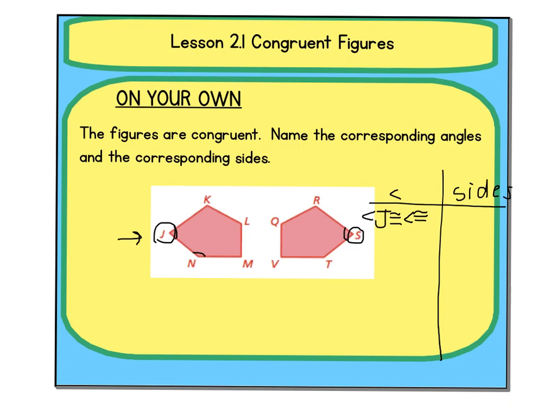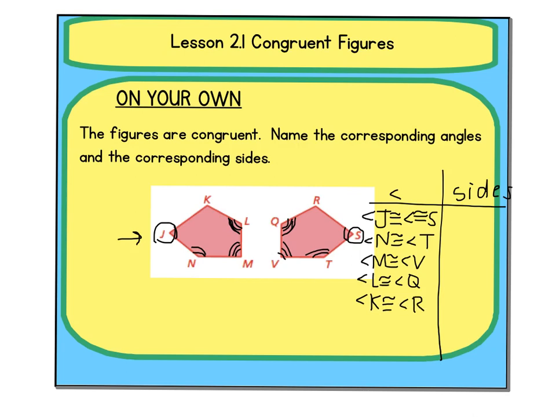Now I'm going to move on to N. Angle N is congruent to angle T. Okay, so I'm going to go to what looks like the right angle here. Angle M is congruent to angle V. Angle L is congruent to angle Q. And finally, angle K is congruent to angle R.